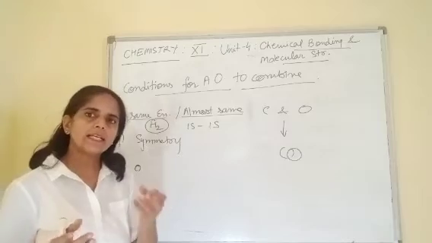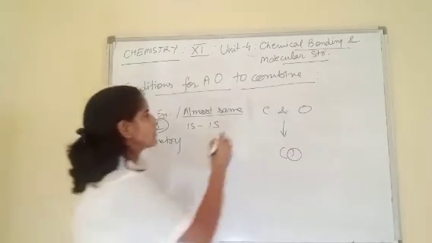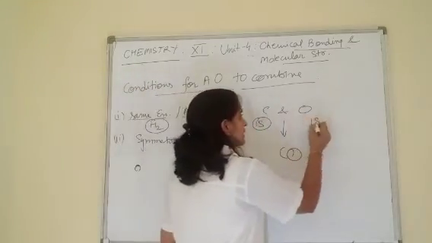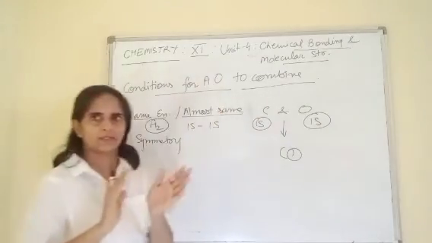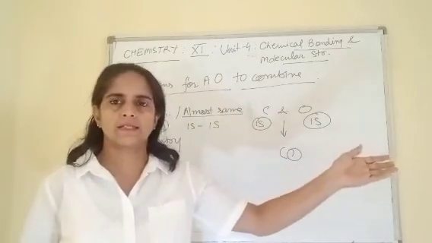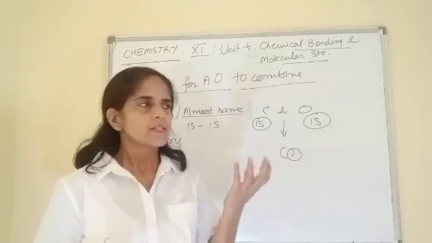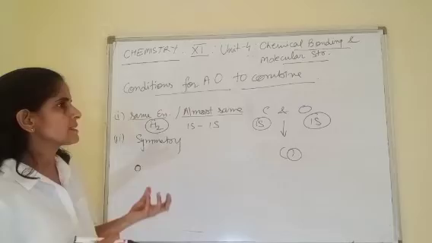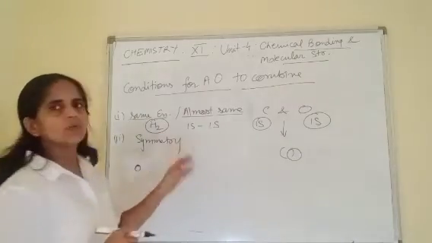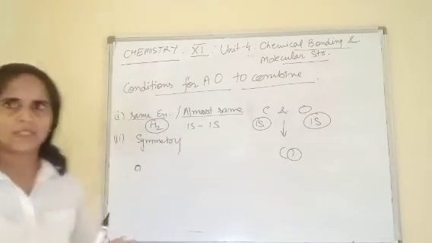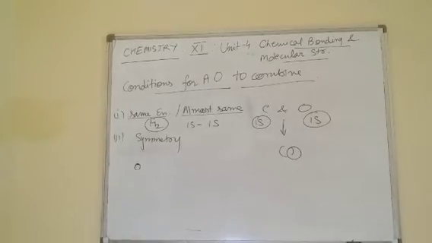Now, if we take 1s of carbon and 1s of oxygen, of course their energies would be slightly different. There would be no major difference in their energies, but somewhat of an energy difference is present. So for such cases, we talk about almost same energy. Right children? I think now this is clear.